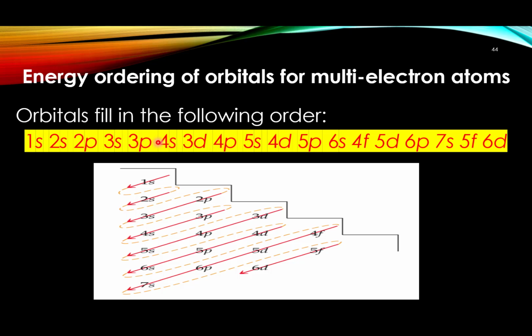After 3p is where the 4s is. As you could see, starting at energy level 3, everything is not following the pattern that it's supposed to, because subshells have their own energy level. This is something that you need to memorize. There's no other way around it. Once you have this memorized, you should not have any problem writing down the energy level.